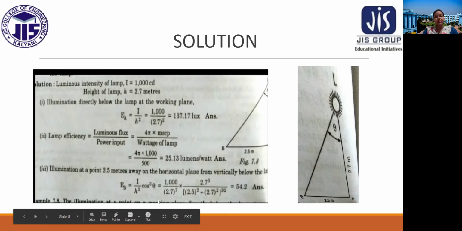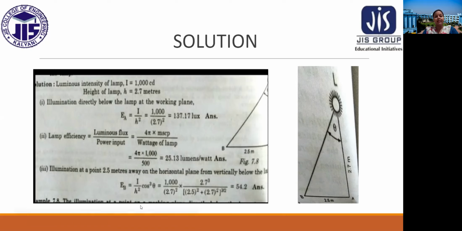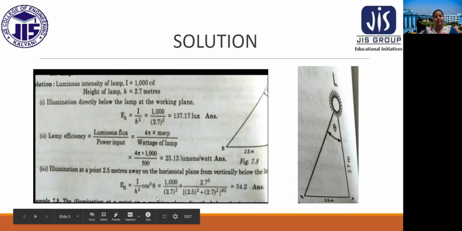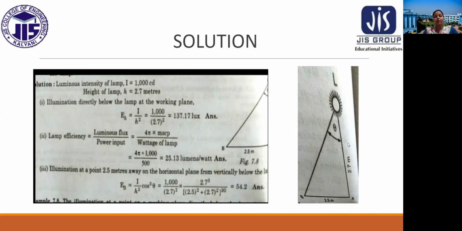So putting all these values, you can calculate the illumination at this point. So first you have to find this distance, and then I by h square into cos cube theta. So h square will be your hypotenuse, and cos theta you can find here from this right angle triangle.